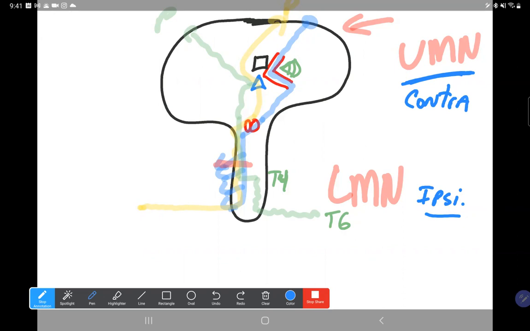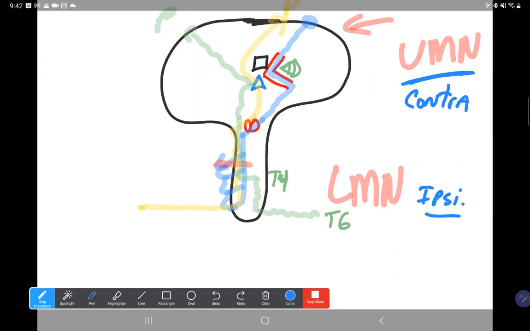So upper motor neuron lesion, everything is up: hyperreflexia, hypertonicity. Versus lower motor neuron, everything is low: hyporeflexia, hypotonicity, and fasciculations. Very good stuff.